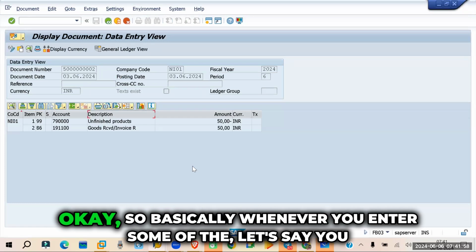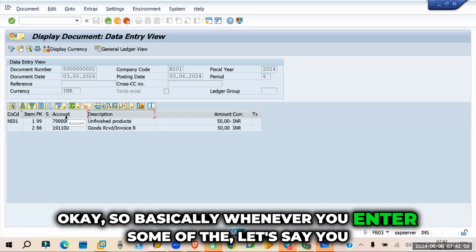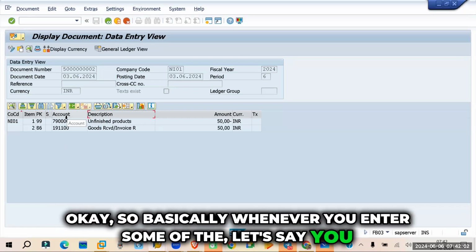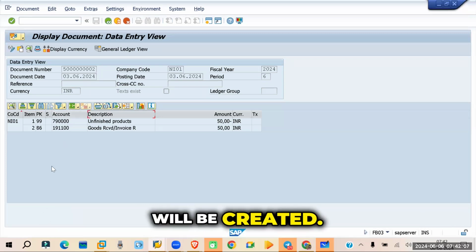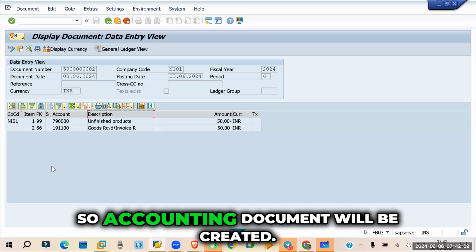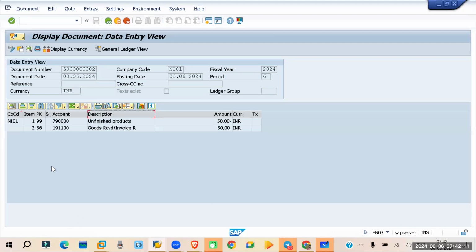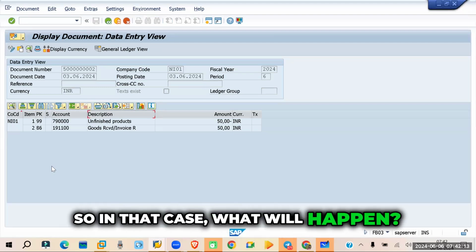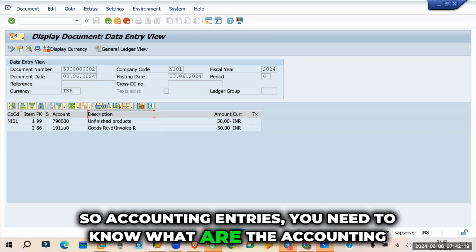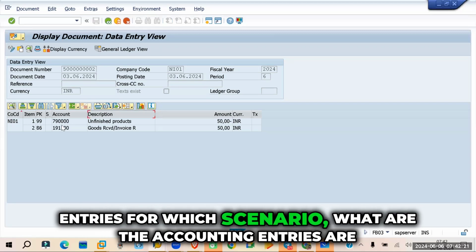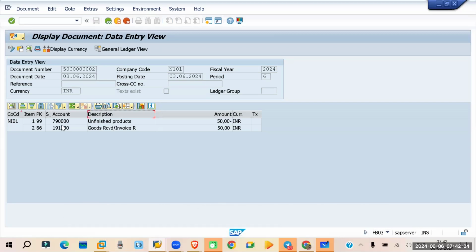Don't worry. Whenever you create a material document, an accounting document will be created. So in that case, what will happen? You need to know what the accounting entries are for which scenario.